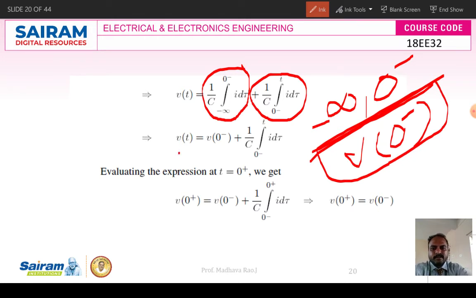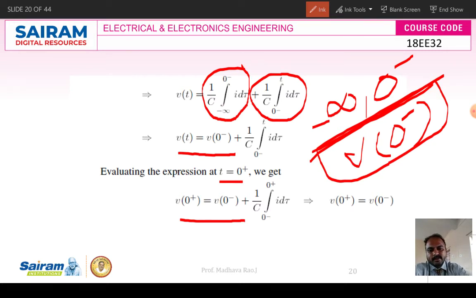So V of t is equal to V of 0 minus plus 1 by C integral from 0 minus to t of I dt. Substitute 0 plus in place of t: V of 0 plus equals V of 0 minus plus 1 by C integral from 0 minus to 0 plus of I dt.